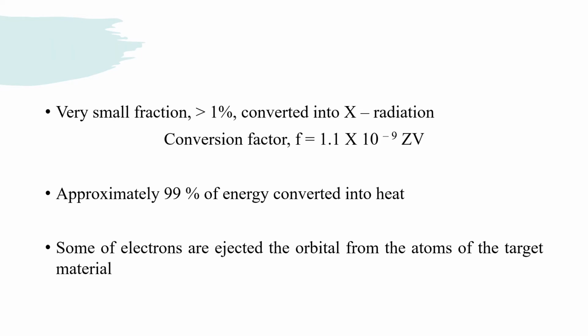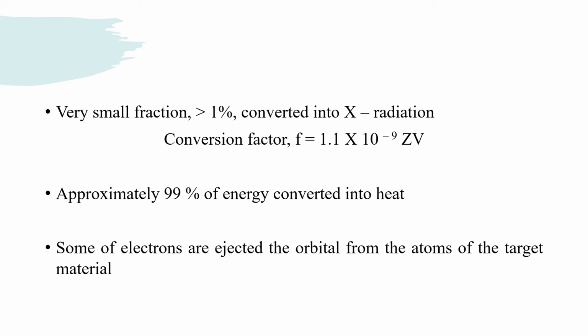As I said, a very small fraction, that is 1%, is converted to X-ray, that is the conversion factor. The conversion factor can be expressed in this equation as 1.1 into 10 to the power minus 9 ZV, where Z is the atomic number of the target and V is the energy of the electron in volts.